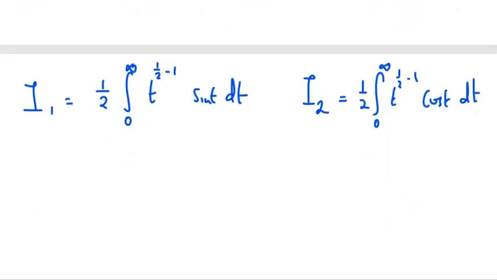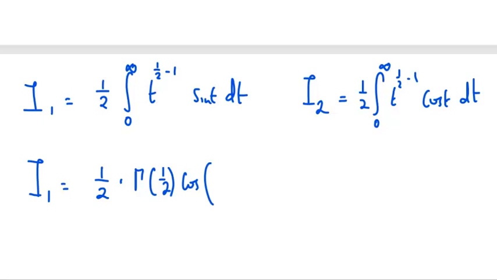Now, according to the Mellin transform, remember our I sub 1, we have just 1 over 2, then we have gamma of s. In this case, our s is 1 over 2. Then multiply the sine of s pi over 2. s is 1 over 2, so it's going to be pi by 4. And here I sub 2 is going to be equal to 1 by 2 gamma of 1 over 2.